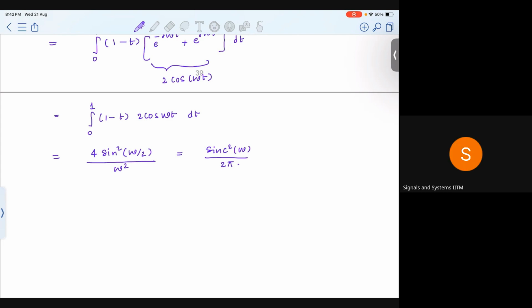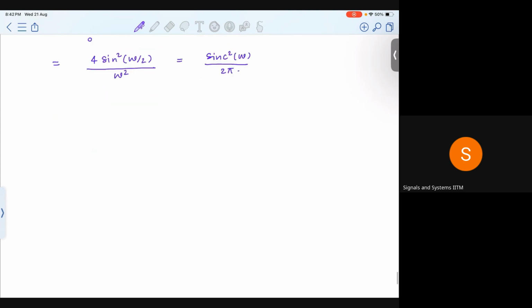Forgot to mention, your NSEM end term will be containing questions mostly from Laplace transform and the Fourier transform.